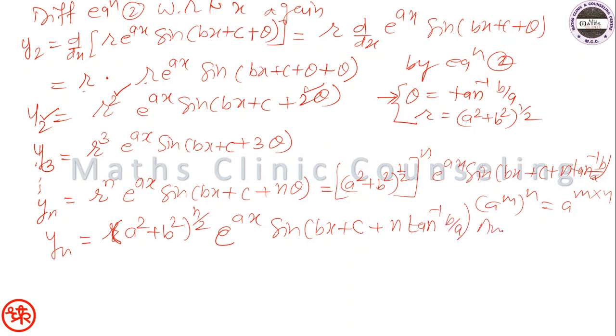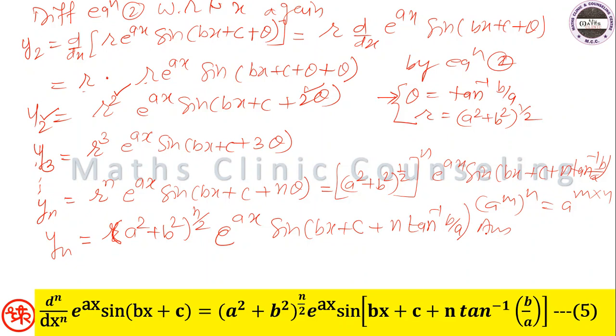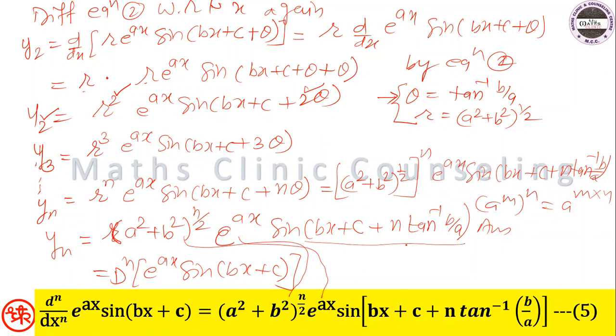That is the answer. So we have this formula, the nth derivative of e to the power ax into sin of bx plus c. Is that clear? So we have got this formula. Check. ये देखिए e to the power ax, this is what, sin this.